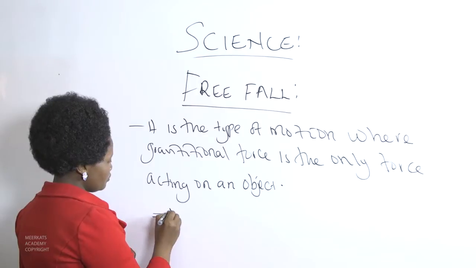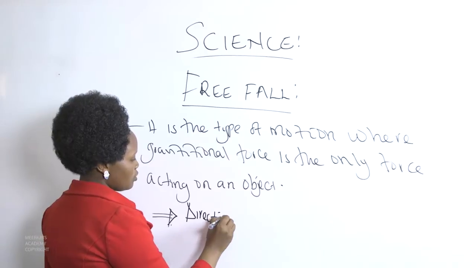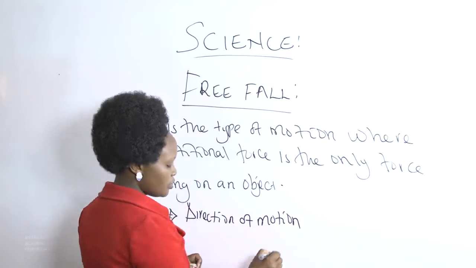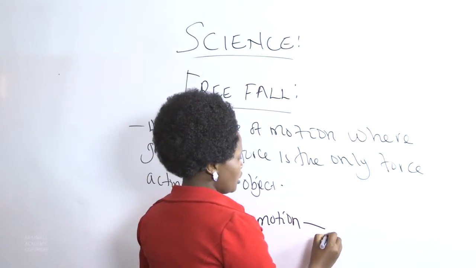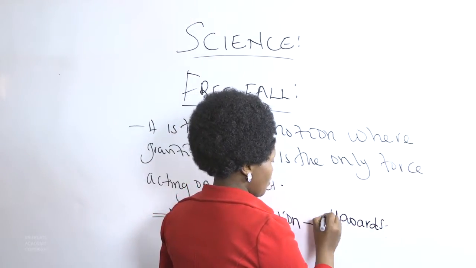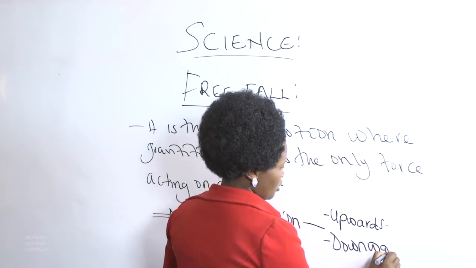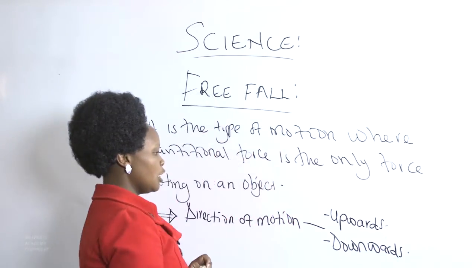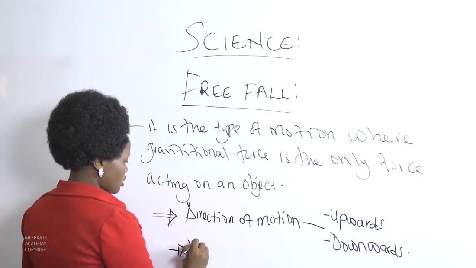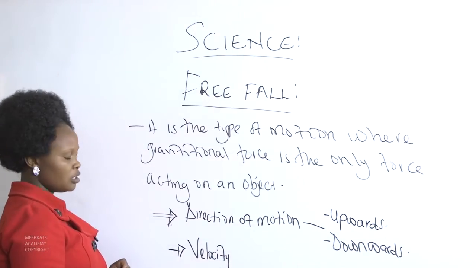Therefore, we have to consider the direction of motion. In our case here, we are saying that the body is moving upwards or even downwards. Then we have to consider another aspect of the motion, which is the velocity of the body.